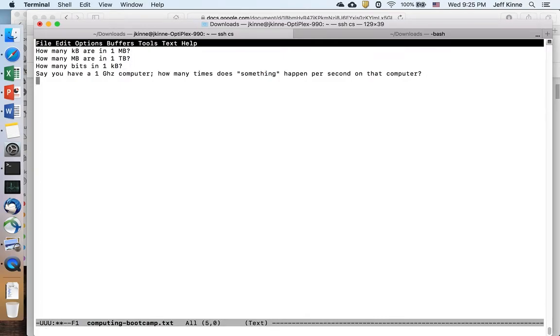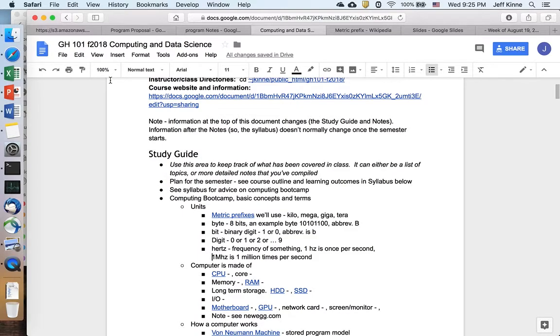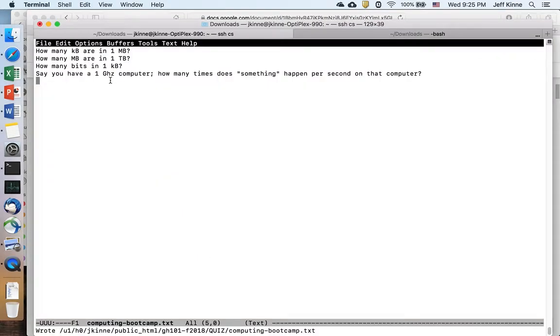We'll leave them like this for now. Actually, that's the end. So why don't we say, I'll give you something else. How much faster is a 3.2 gigahertz computer compared to a, say, 1.6 gigahertz computer?